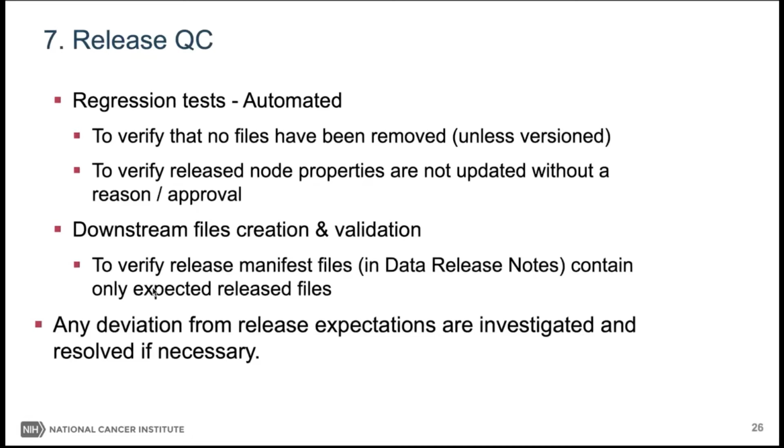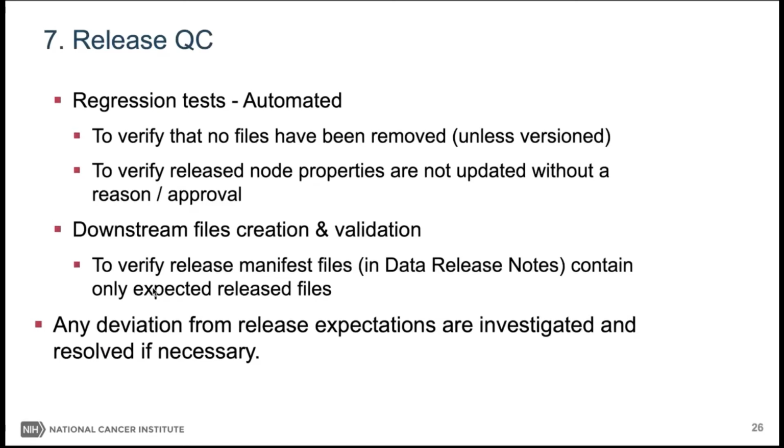Also, these tests identify data updates to the released node properties, which further helps to validate those updates are done with approvals, or else we have to go back and validate why the data is updated and reach out to the submitters and make sure that data is valid.